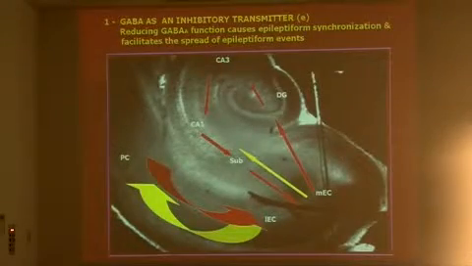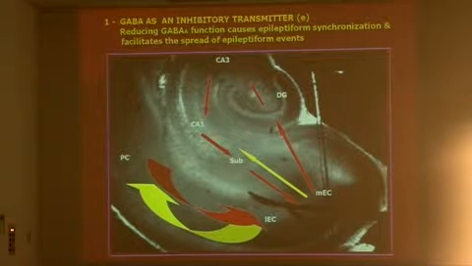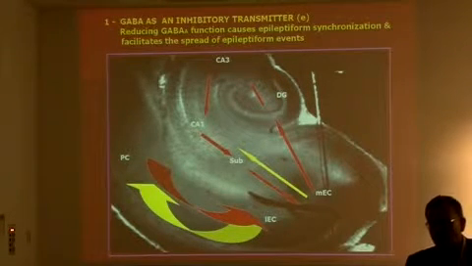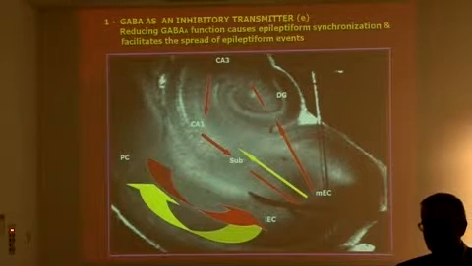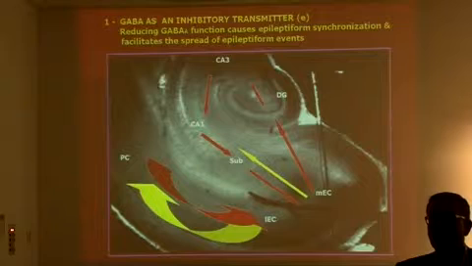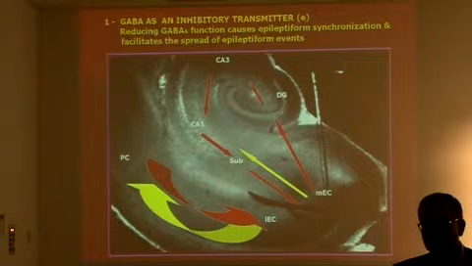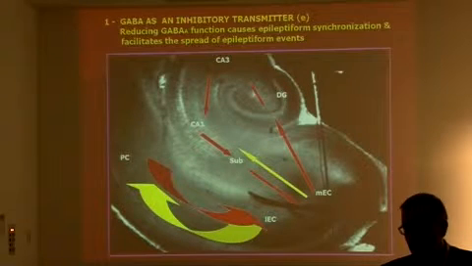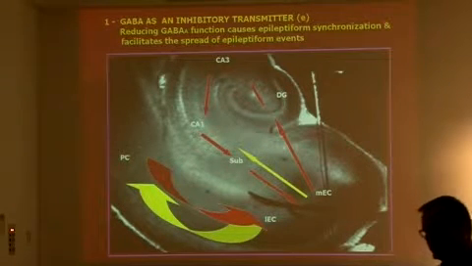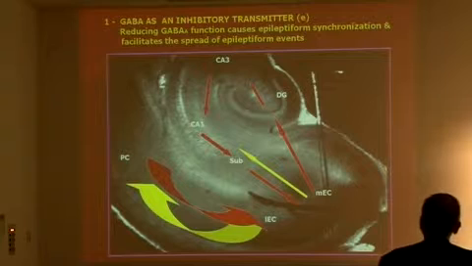So, this is the very first and well-known part of my talk, namely that GABA can usually hyperpolarize, but it can also depolarize, and that KCC2 is quite an important actor in this kind of story.